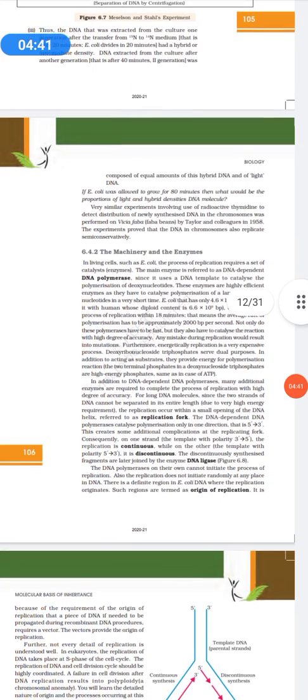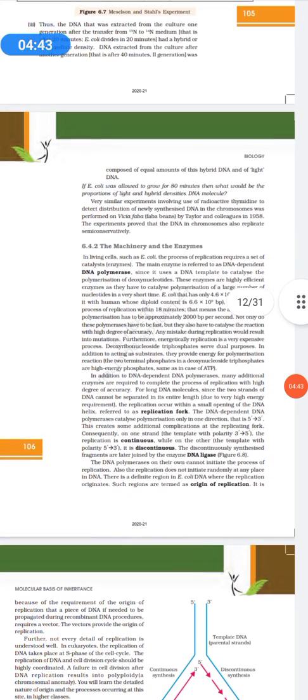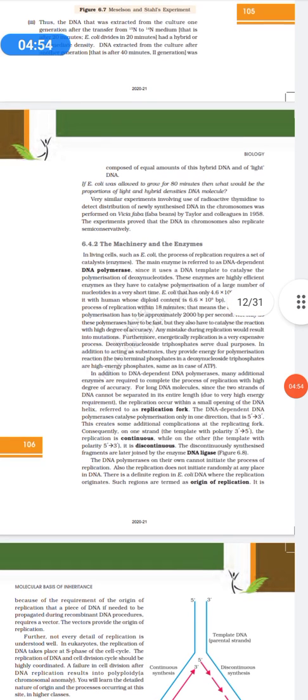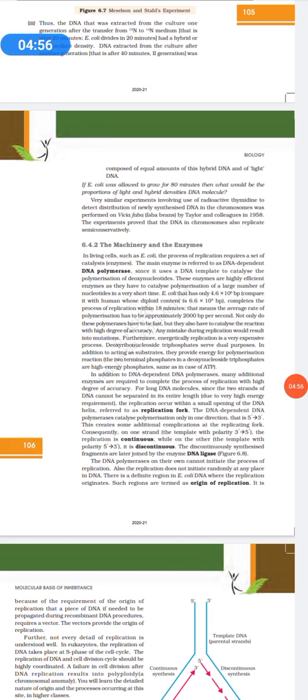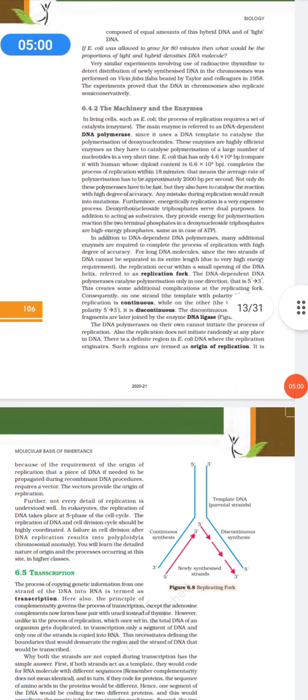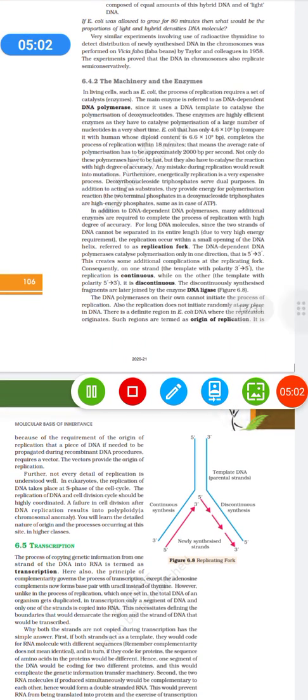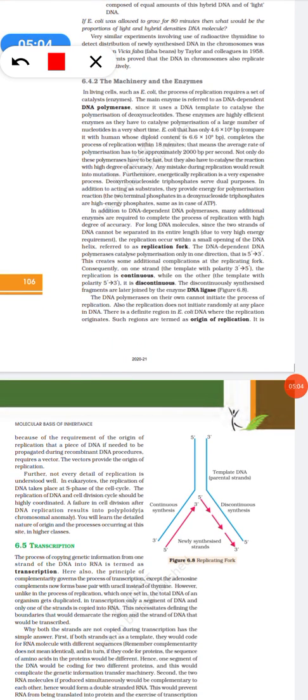In addition to DNA dependent DNA polymerase, many additional enzymes are also there, like helicase, ligase and so on, that we'll be going through. Now for a long DNA molecule, since there are two strands, the two strands will get separated.